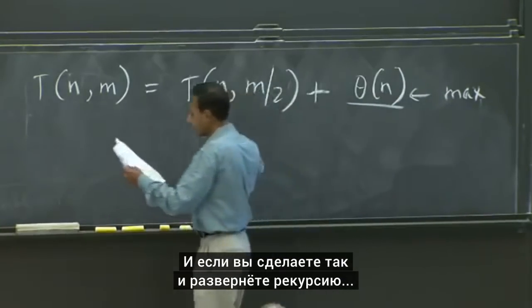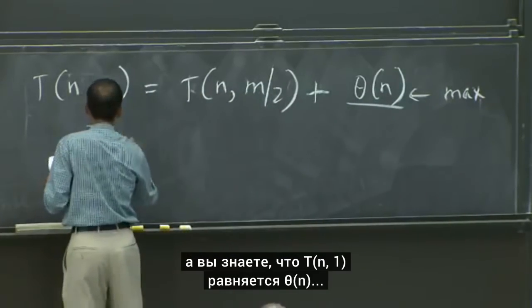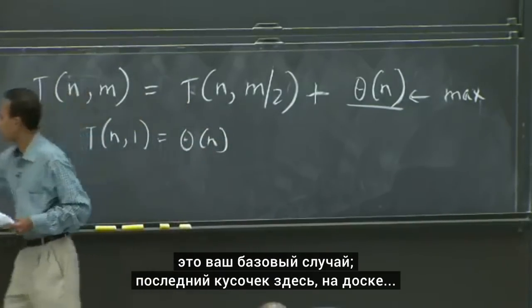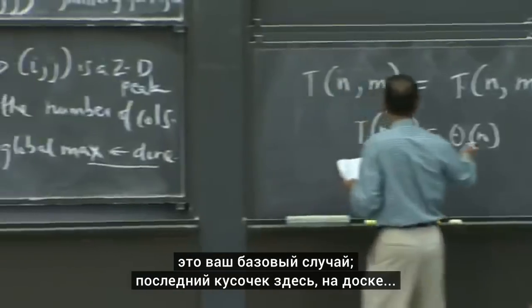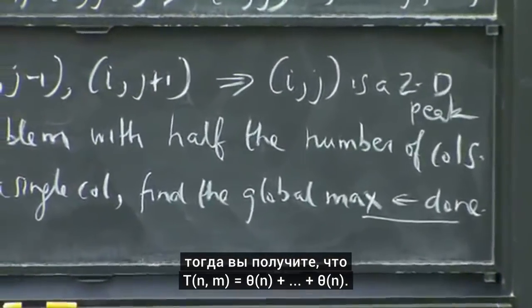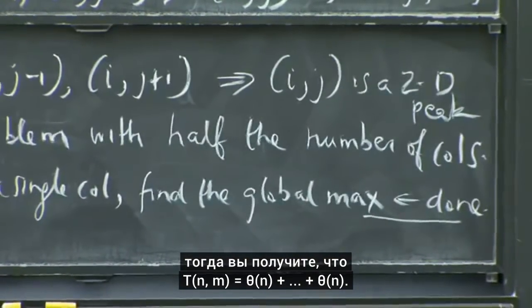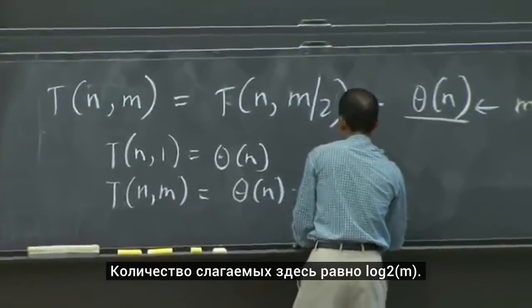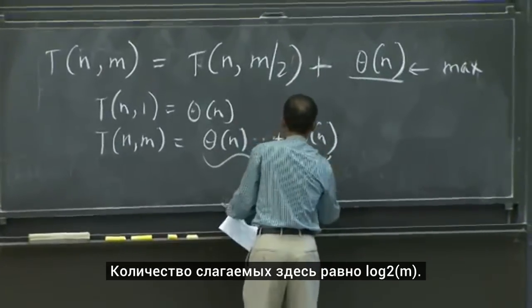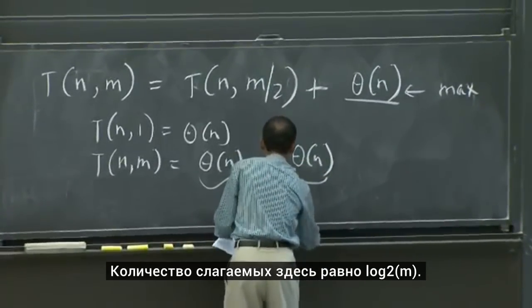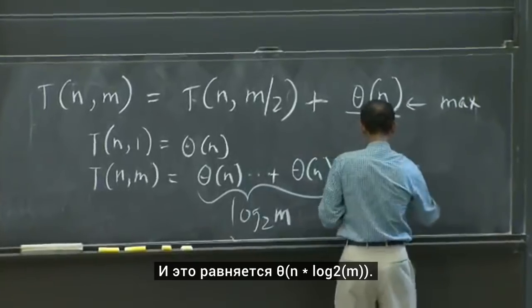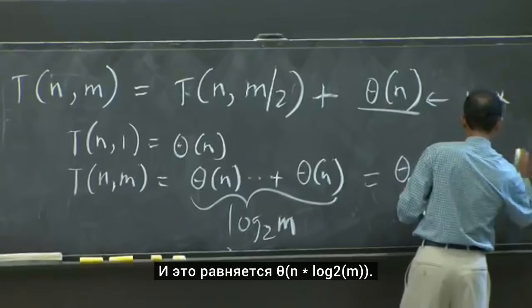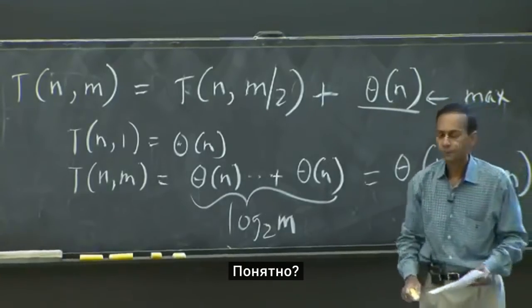And so if you run it through, and you know that T(n, 1) is theta(n), which is the base case, you get T(n, m) is theta(n) added to theta(n) times log of m, log base 2 of m times, which is theta(n log2 m). All right?